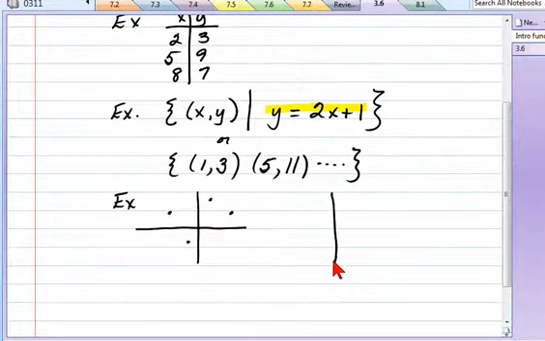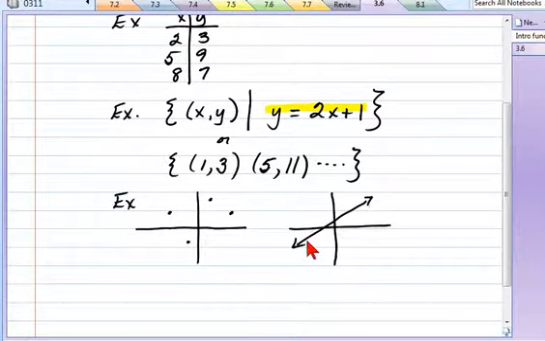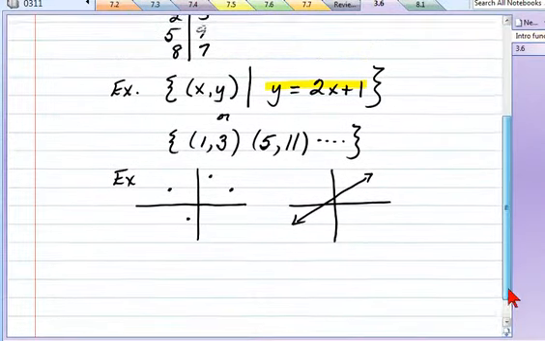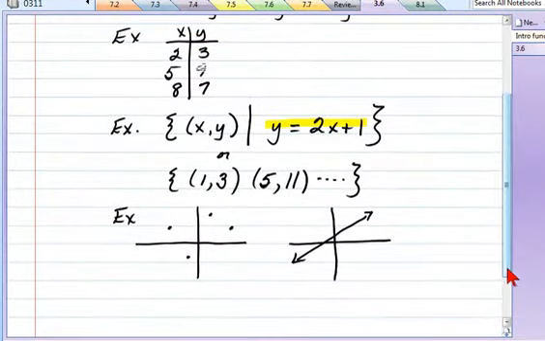Now, the relation graph might be something you're more familiar with, like a line. And today, after we finish with 3.6, we jump to 8.1 where we study more about linear functions. Now, I probably should have started out saying this.